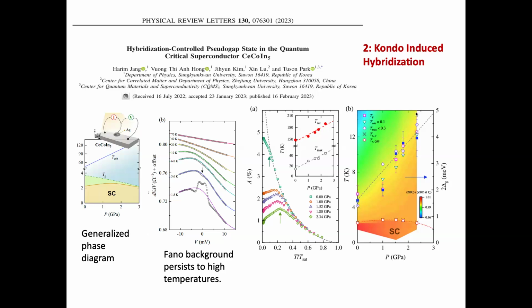So we see this Fano background. We measure the same thing in tunneling and point contact that goes up to high temperature. They did something very interesting. That inset there is a kind of cartoon phase diagram, and I'm still trying to understand all this stuff. What they have here is their point contact spectroscopy.